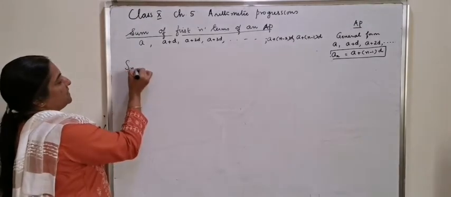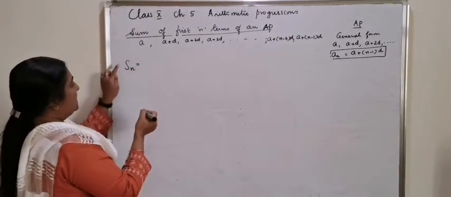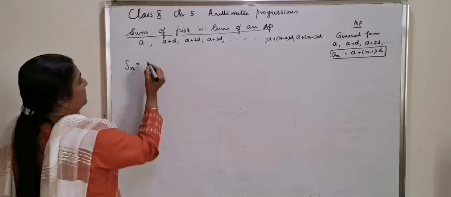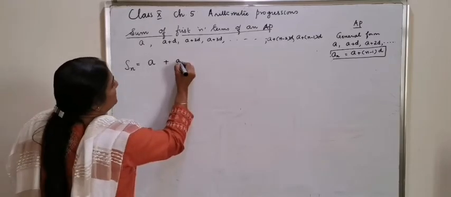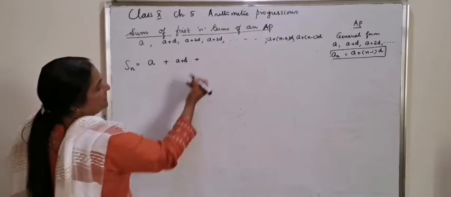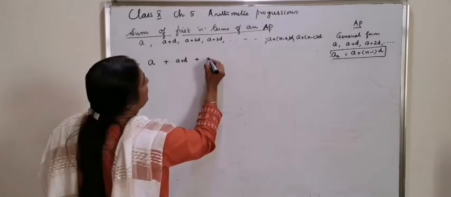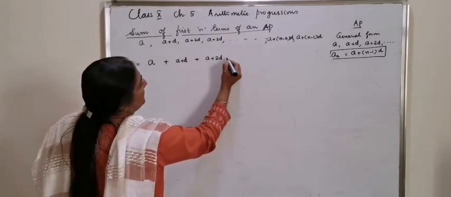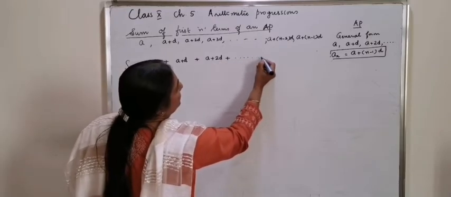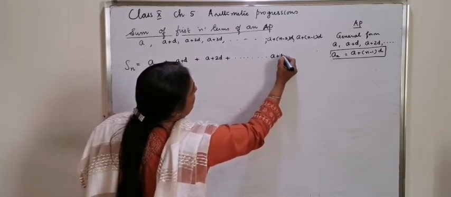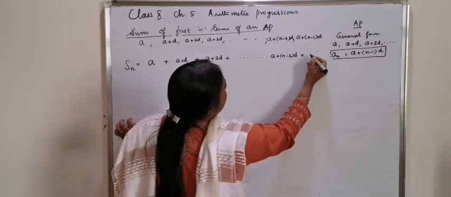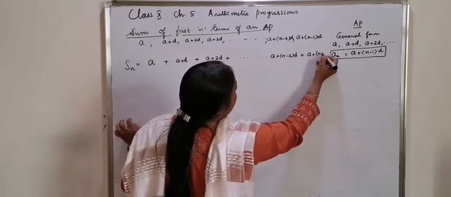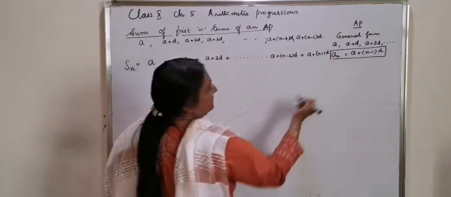The first arrangement is Sn, which is the sum of the first n terms, equal to the first term plus the second term plus the third term plus etc. Let's take it as a plus n minus 2d plus a plus n minus 1 into d.